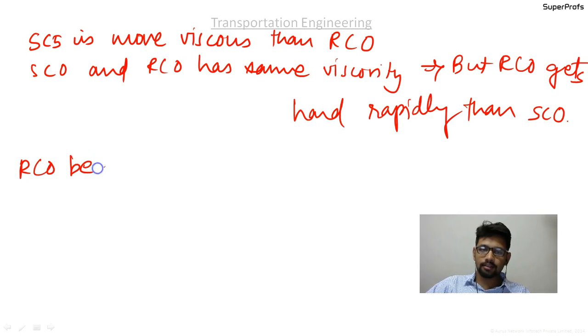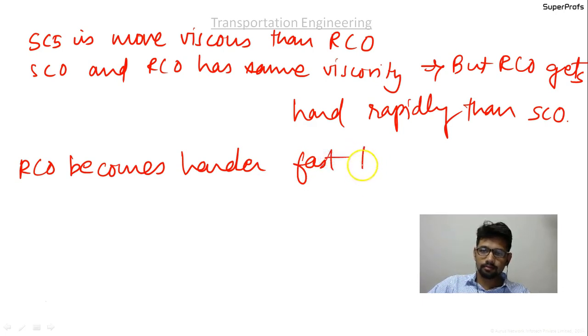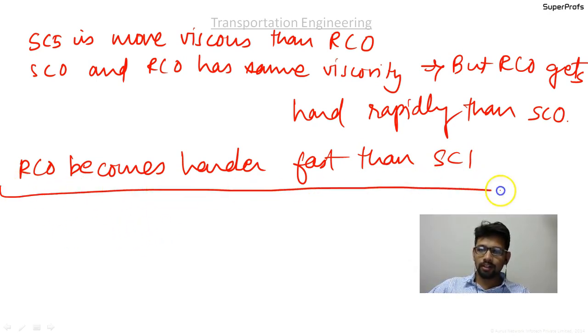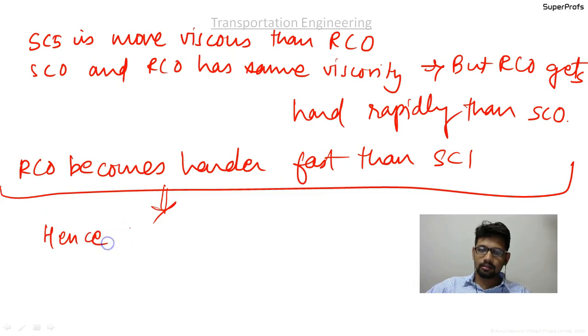RC0 becomes harder faster than SC1. Hence they are independent, the number and the letter.